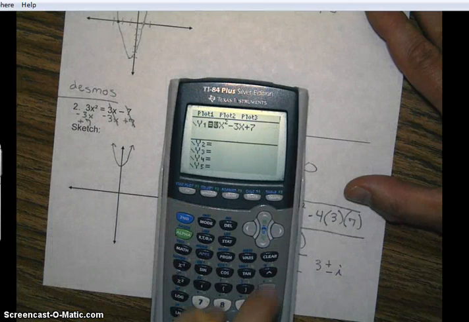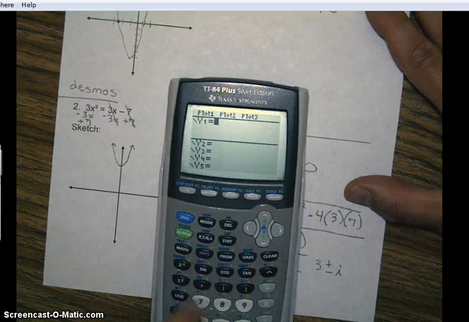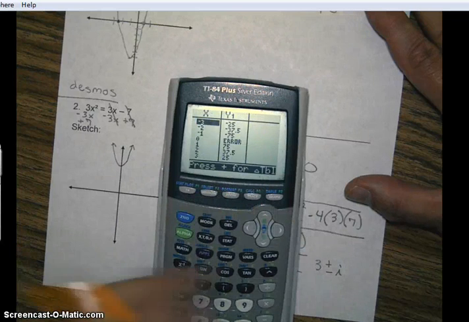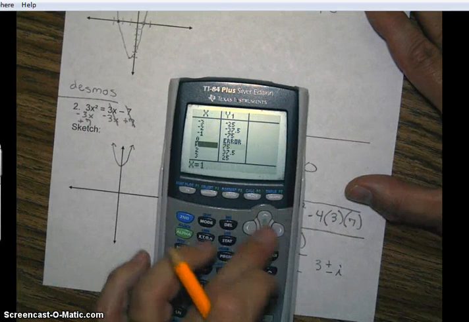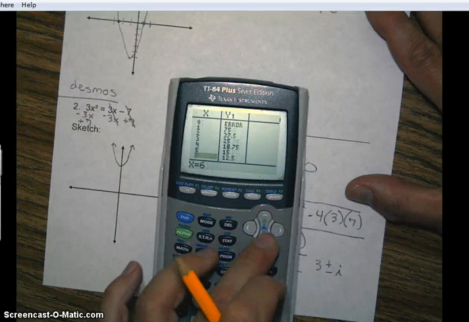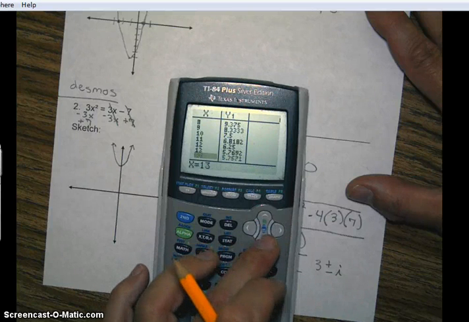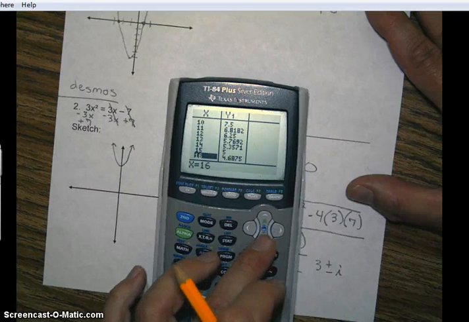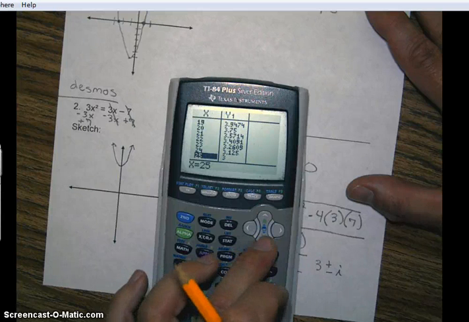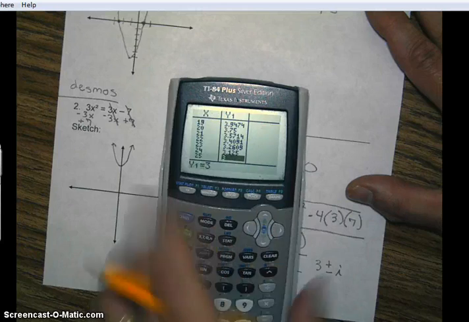So let's go to y equals 75 divided by x, and then go to your table and look. 1 and 75. The first perfect square is 4. No. Then 9. No. Then 16. No. Does not look good. 25, check it out. 25 times 3, so yes.